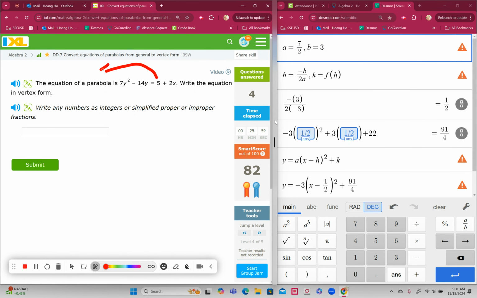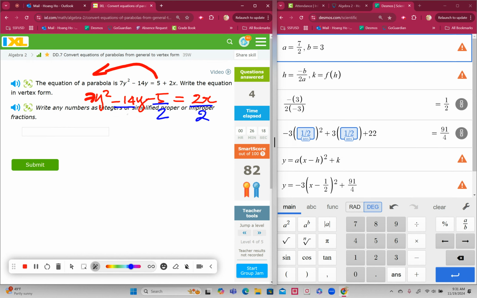I move number 5 to the left side. So that becomes 7y squared subtract 14y. Number 5 goes to the left, becomes negative. And on the right side you've got 2x. Then I divide everywhere by 2.